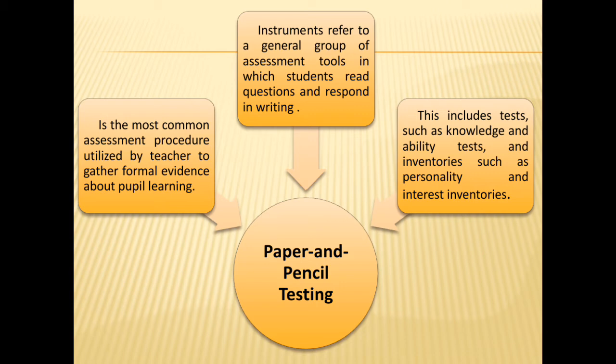pupil learning. So these instruments refer to a general group of assessment tools in which students read questions and respond in writing. This includes tests such as knowledge and ability tests, and inventories such as personality and interest inventories.